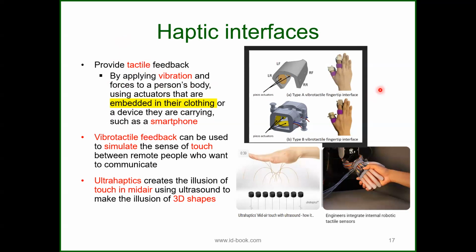For example, this is the hand, and you see the sensors here. This is a device mounted on the finger, and inside it there are actuators which vibrate to give some kind of feedback to the user.